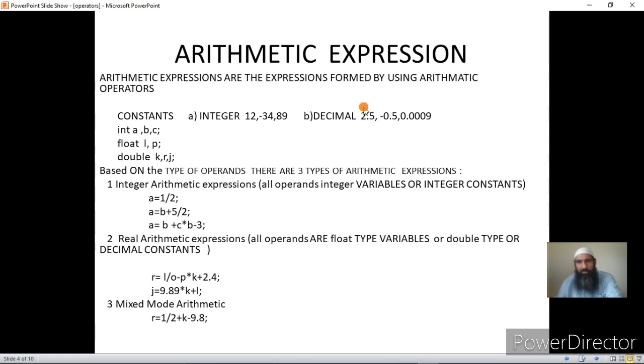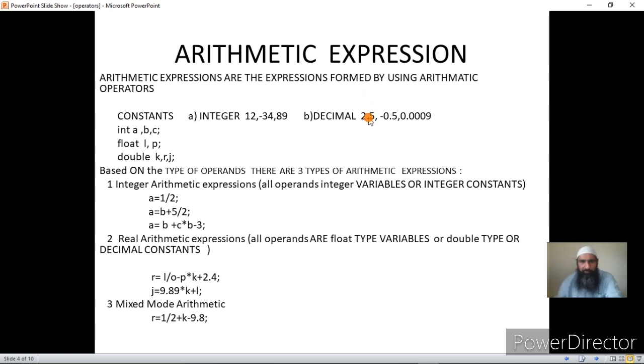So if the constant does not have a decimal point, I cannot say that it is a decimal constant in C, even though a number, whether that has a decimal point or not, can be taken as a decimal constant in mathematics. But in C we have an integer constant, that is the number without a decimal point. It can be positive or negative, and a decimal constant, that is the number with a decimal point.